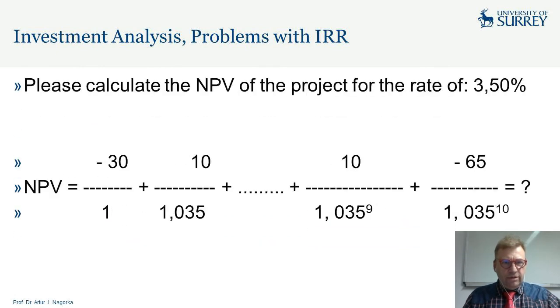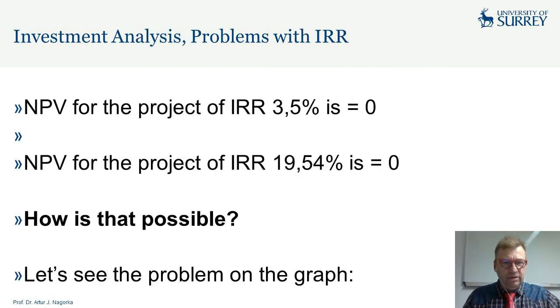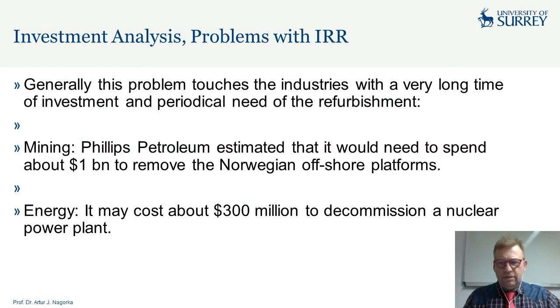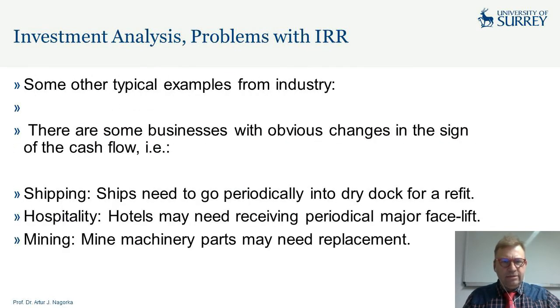I have already amended this for the minus, so it's okay. It will be on PDF. And we have talked about this problem with multiple rates of return, specifically for your tourism industry, for hotels.